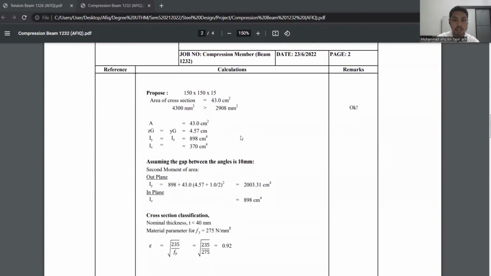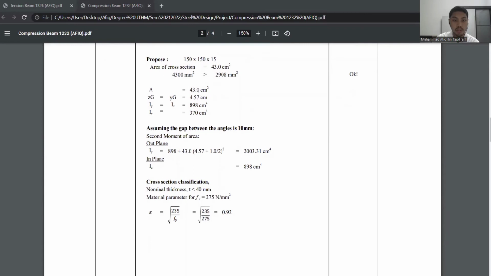Then we propose an equal angle of 150, 150, and 15, so the area of the cross-section is 43 cm². zG equals yG equals 4.57 cm. Iy equals Iz equals 898 cm⁴, and Iv is 370 cm⁴.